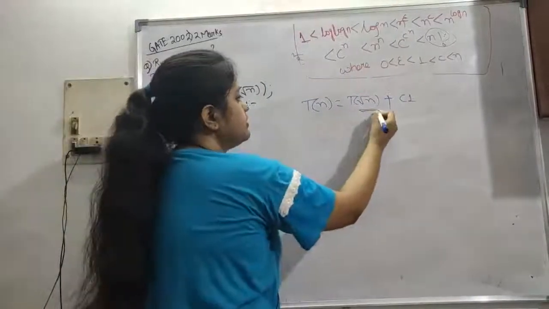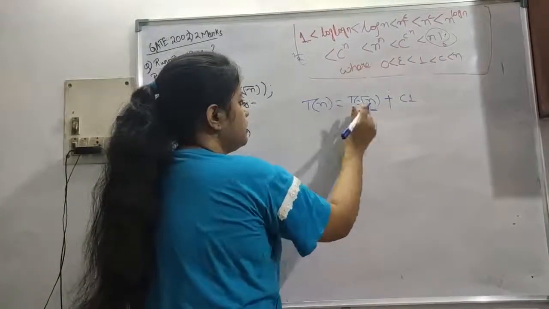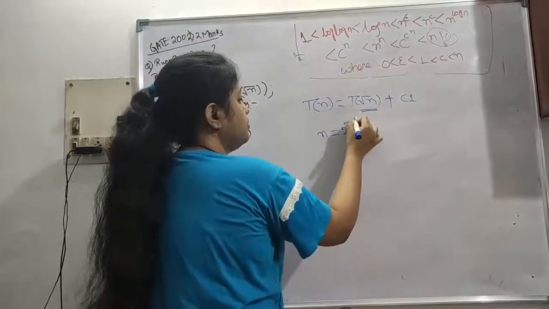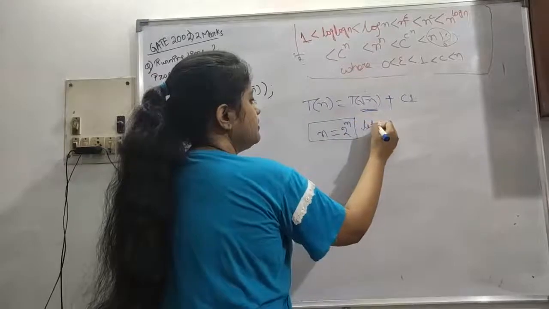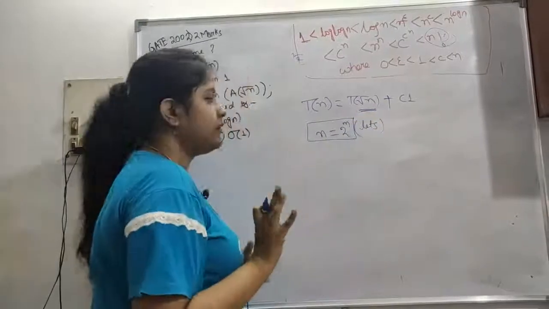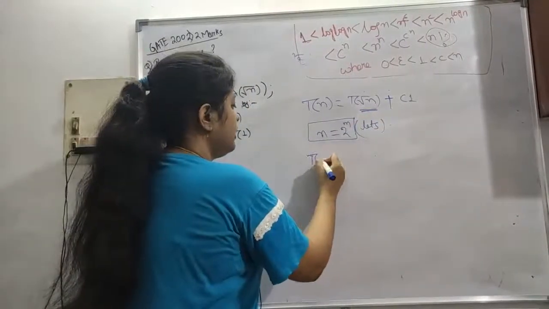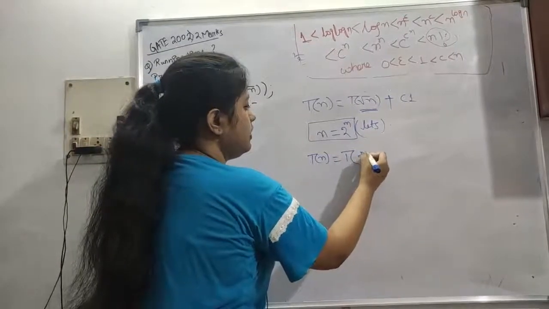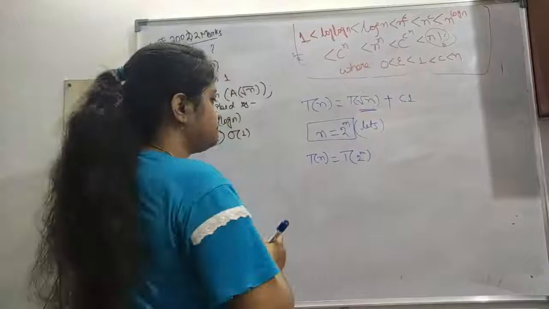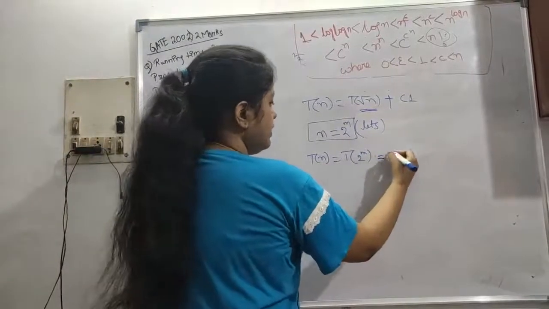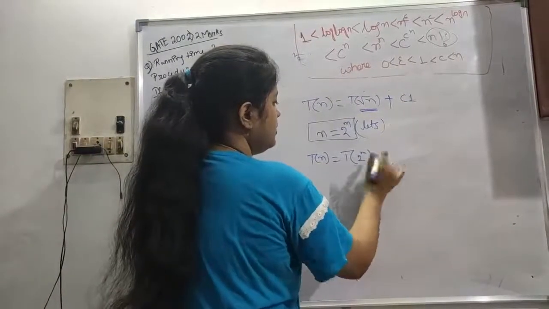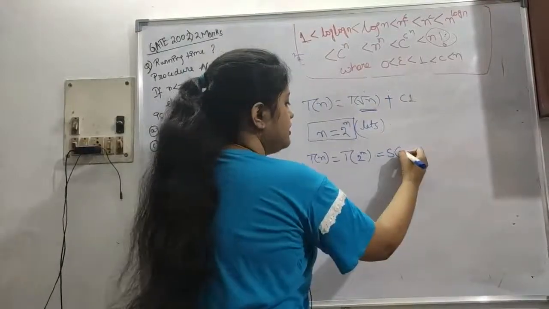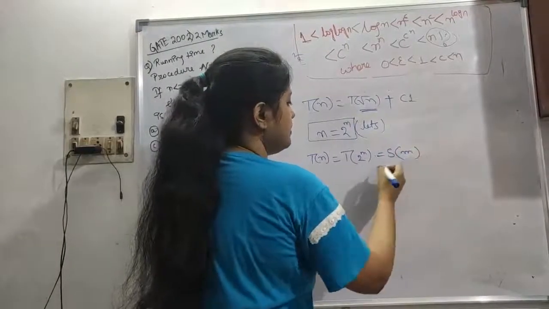So this is T of root n. Let's say n is equal to 2 to the power m. So now T of n is equal to T of 2 to the power m. Now we take another recursion, let's say S of m.